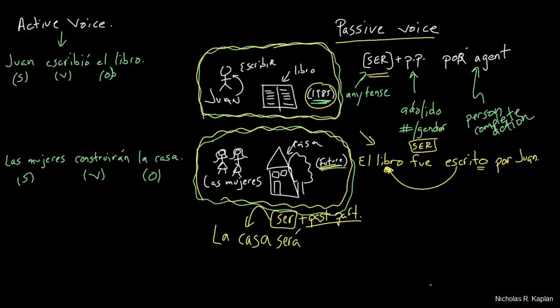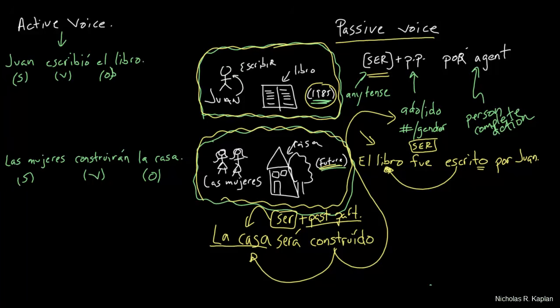And then construir. And we have to remember that we need to make sure that we are looking at number and gender. So this is feminine singular, which means we will change this to construida por las mujeres.